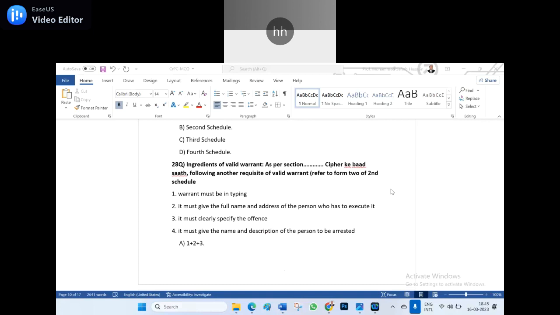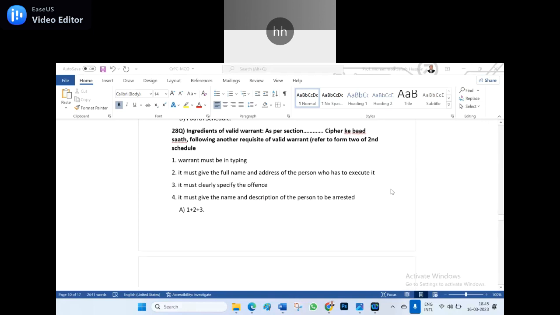Ingredients of a valid warrant. As per the section, the following are other requisites of a valid warrant referred to in Form 2 and the Second Schedule. Number 1, warrant must be in typing. 2, it must give the full name and address of the person who has to execute it.